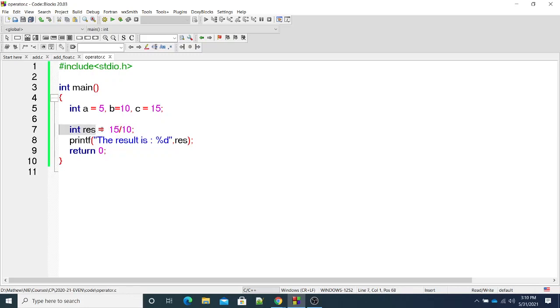This is the left hand side of the assignment operation, this is the RHS. This is LHS, RHS. First the RHS will be completely evaluated. Here there is no confusion as such, because 15 by 10 is anyway going to be integer division only, both are integers. Because of that the result is going to be 1 only. The RHS will be completely evaluated, that means it is as good as putting it like this.